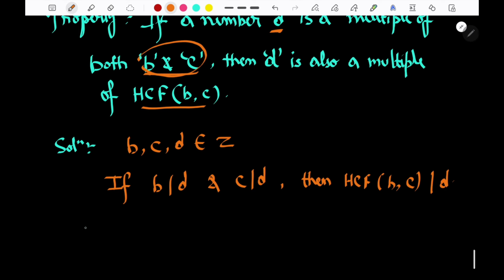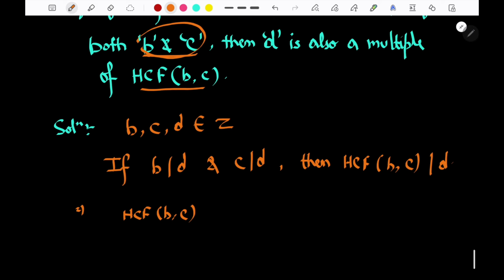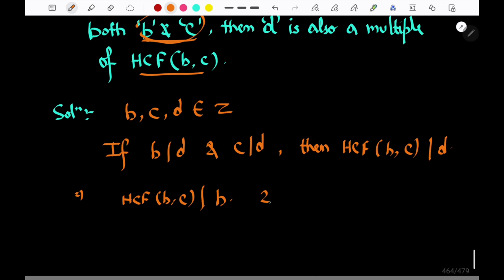So very straightforward in the sense, we know HCF of b comma c will divide b, and we know that b divides d.